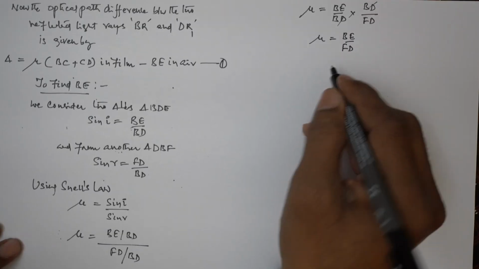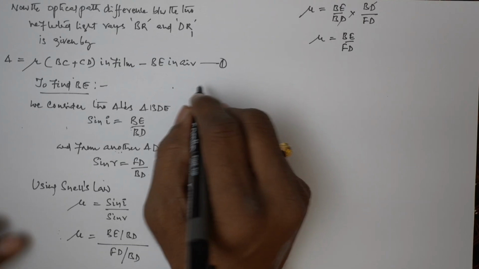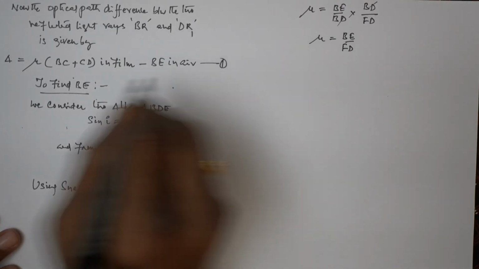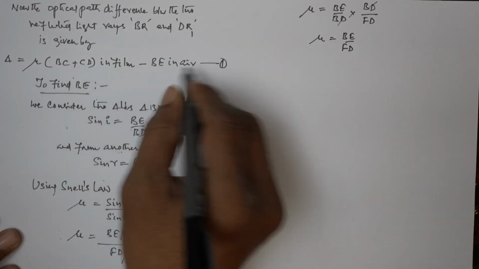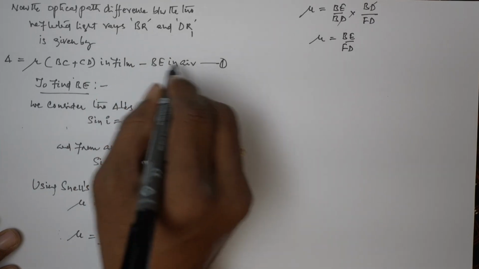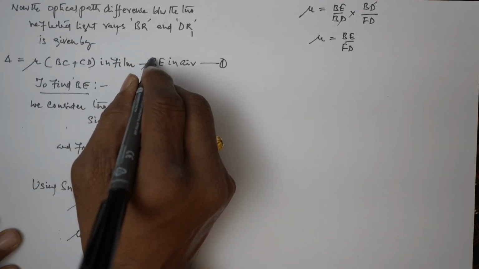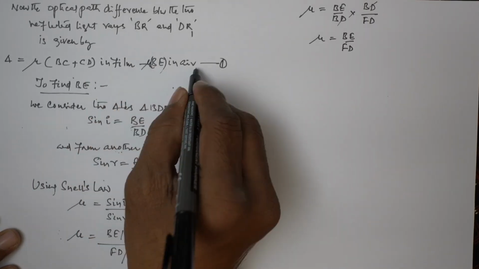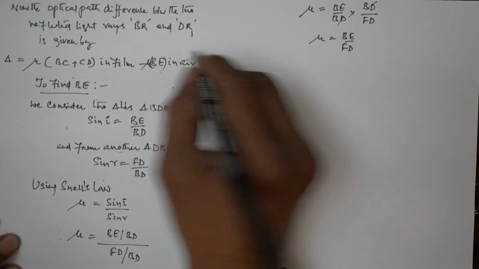Now again, substitute BE. Look carefully here in equation 1: mu into BC plus CD in film minus mu into BE in air. So what is mu in air? 1. Substitute mu in equation 1.